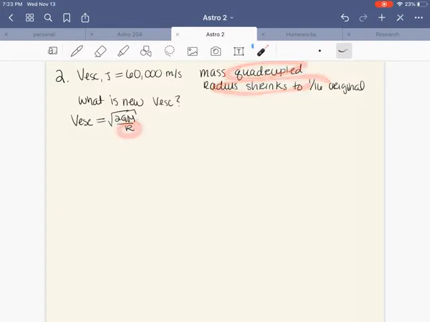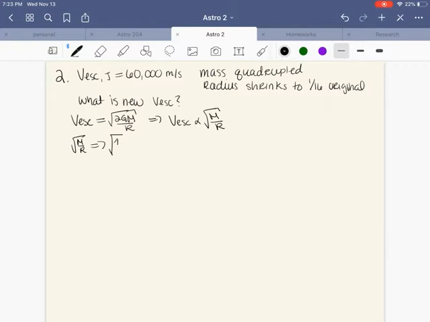So I've got v escape proportional to root M over R. If I'm going to do this the quick way, that's going to go to, I'm going to replace M with 4M, R with 1/16 R. I'm going to pull out that 4.